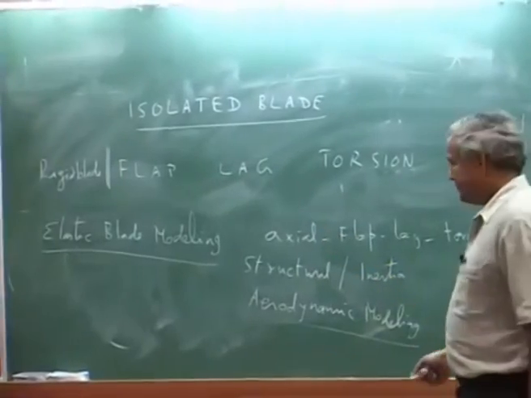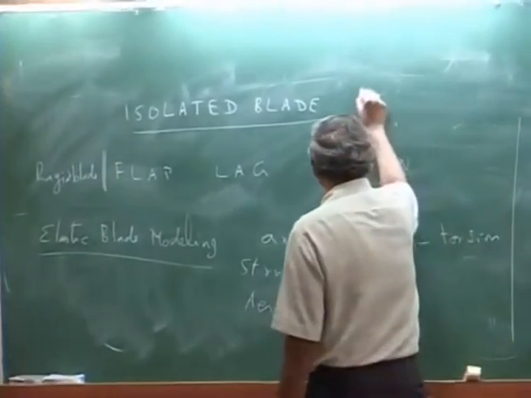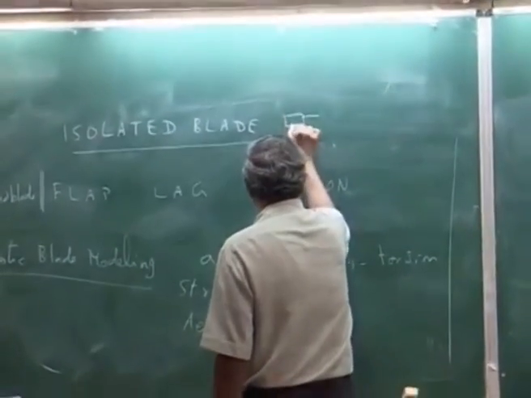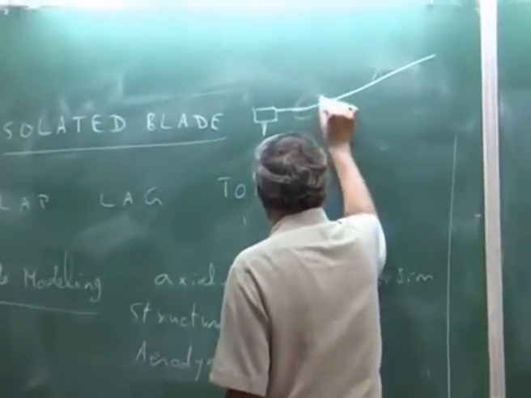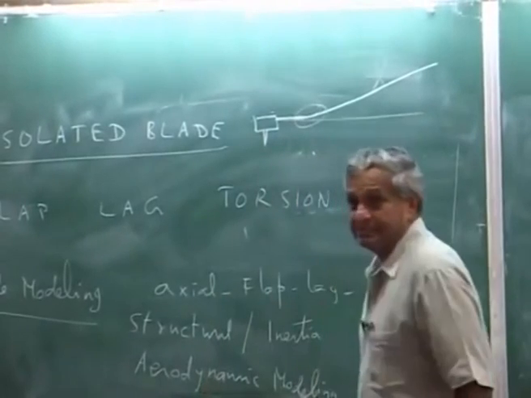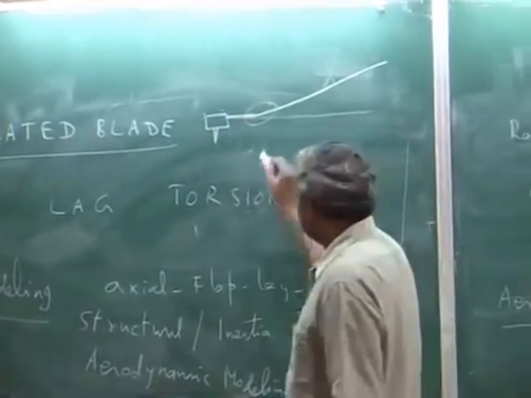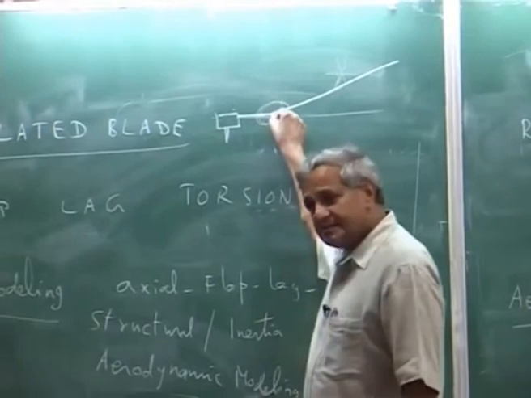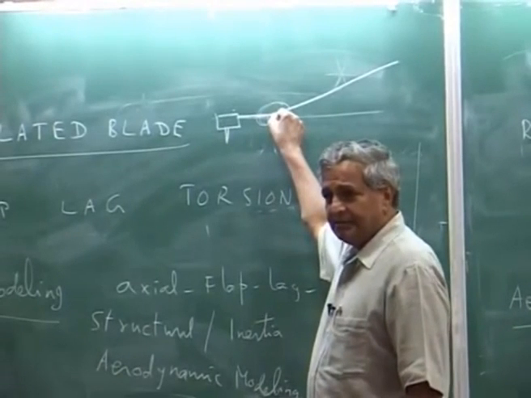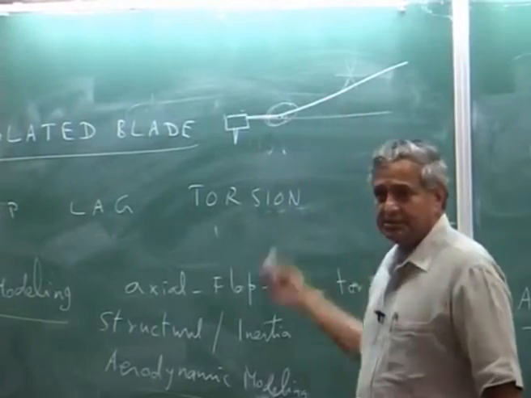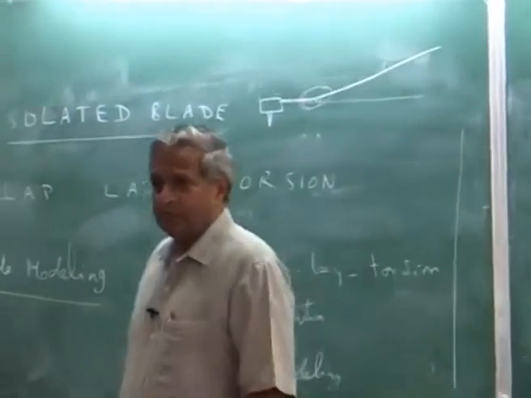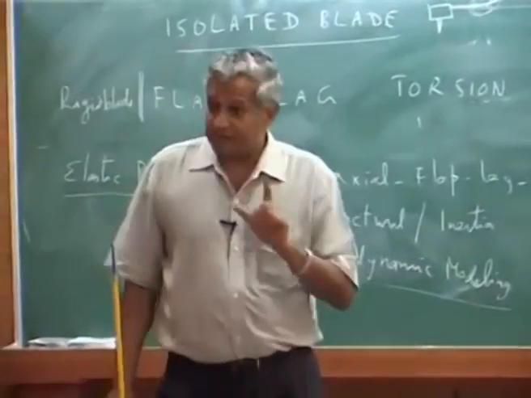First mode, majority of the deformation, if you say this is the hub, majority of the deformation will happen like this. This is the first mode. Usually you will find this in a hingeless blade. But you can also get something here. There is nothing wrong.